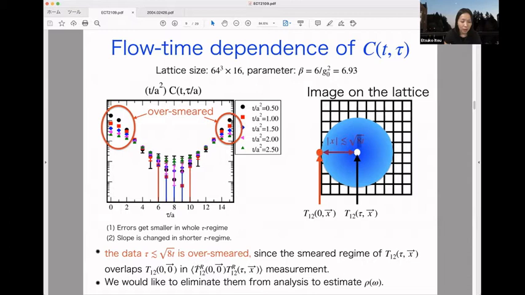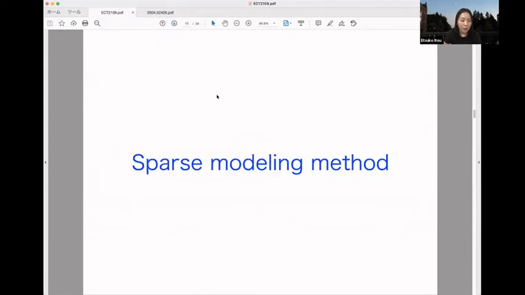We would like to find the correlation between the white and red operators, but if the smeared region overlaps the other operator, then we cannot find the correct correlation between them. So we would like to eliminate such data that suffer from over-smearing from the analysis to estimate the spectral function. So now the sparse modeling method comes in.